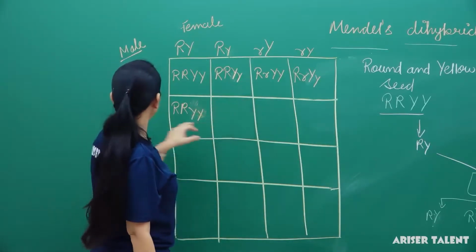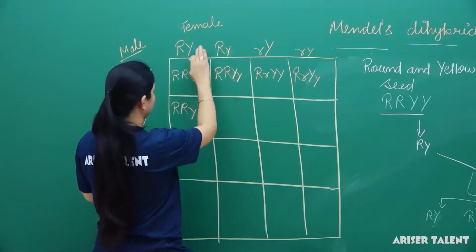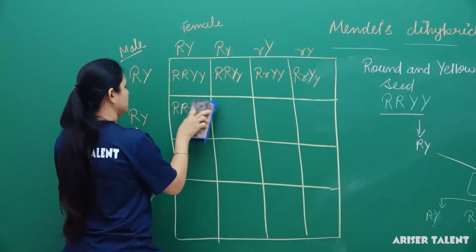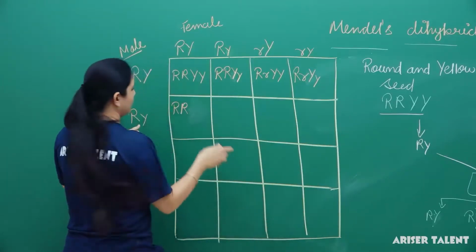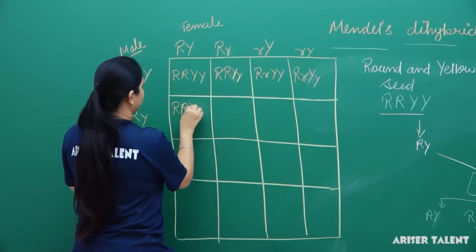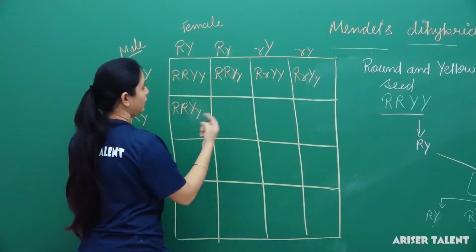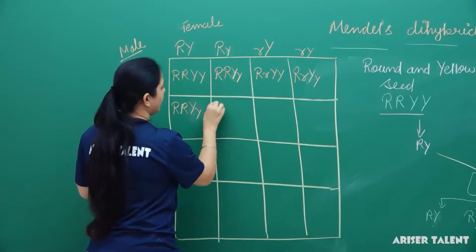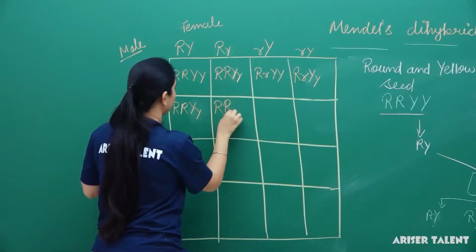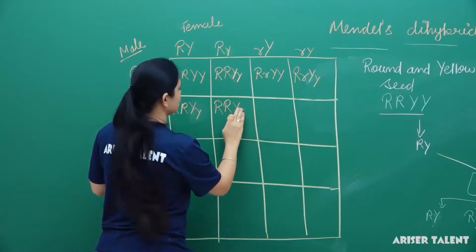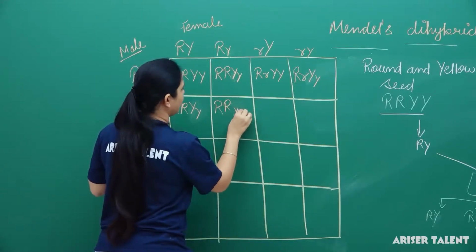Then here we can do the process, sorry, here it is capital, I was right. Here it was capital and then small. Then here self-pollination between these two gametes, capital R, capital Y and small y. Both are small y and small y.